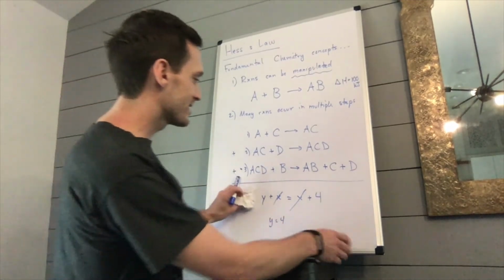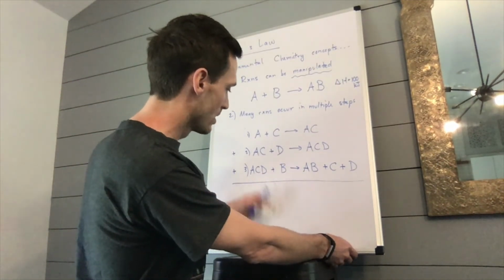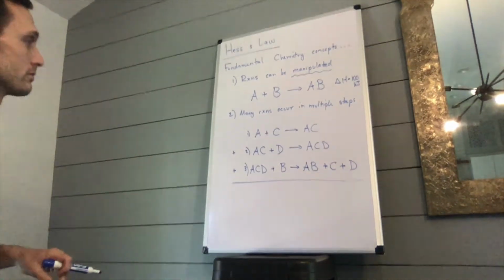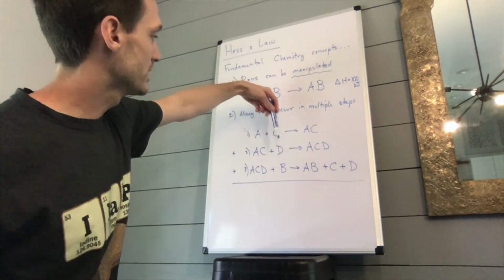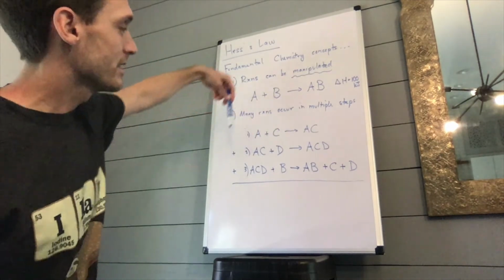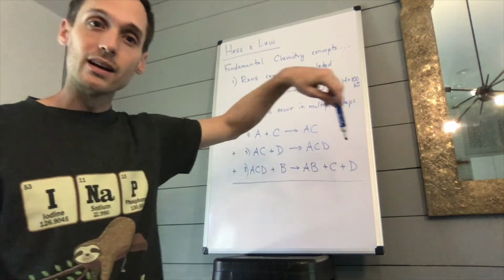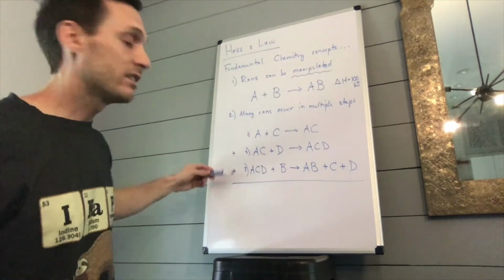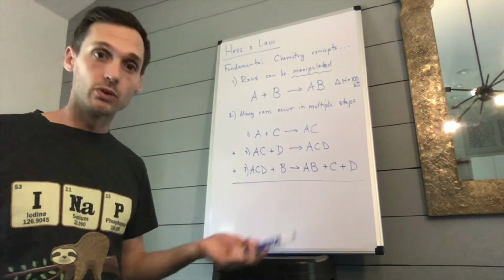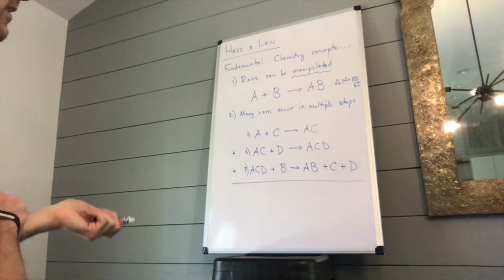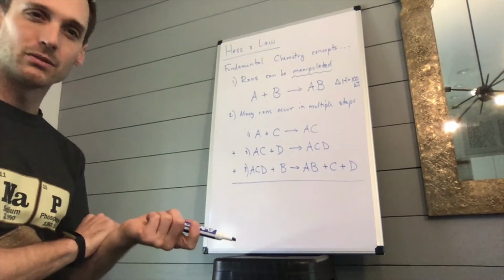You can do the same exact thing with chemical reactions, with the steps in this chemical reaction. So anything that's on the left side of the arrow that is the exact same as something on the right side of an arrow in one of the other steps, they will cancel each other out. So if you look at this, can you figure out what's going to cancel out?